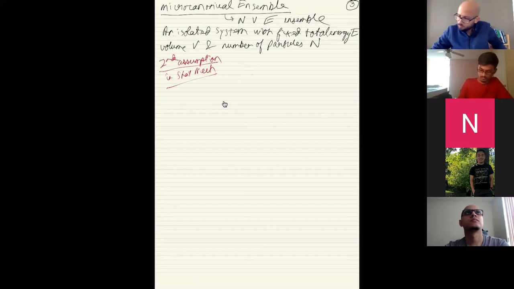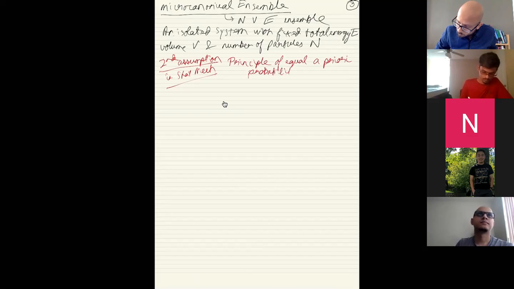I will call it the principle of equal a priori probabilities. So if a system is isolated, then all microstates must be equally likely.